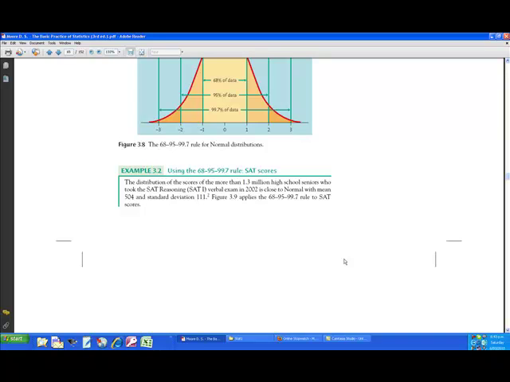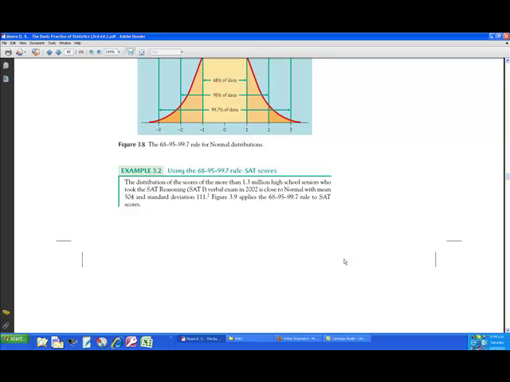The distribution of scores of the more than 1.3 million high school seniors who took the SAT Reasoning Verbal Exam in 2002 is close to normal. That means that if you look at the histogram for all those students and their scores, the histogram is going to look approximately normal.